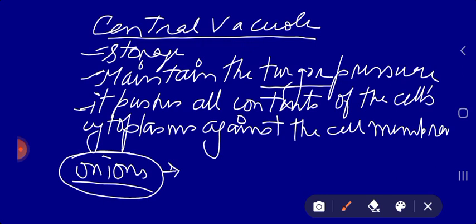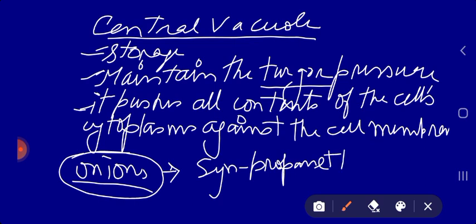Our eyes start to water. It's because of the production of syn-propanethial-S-oxide.